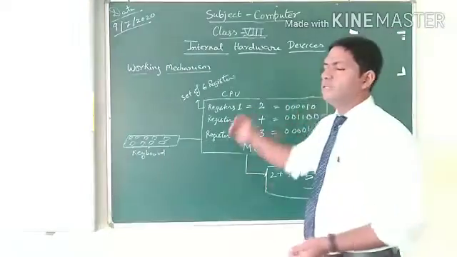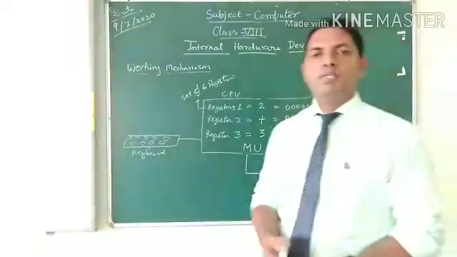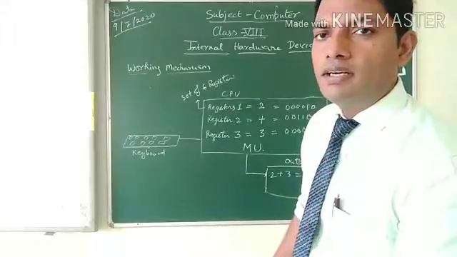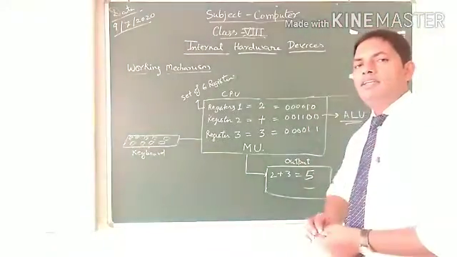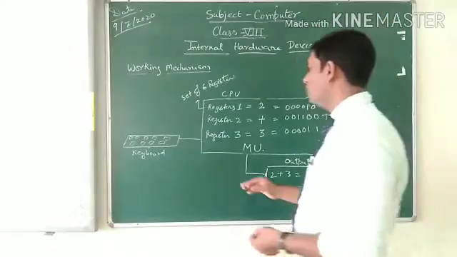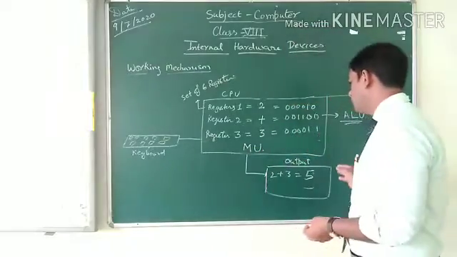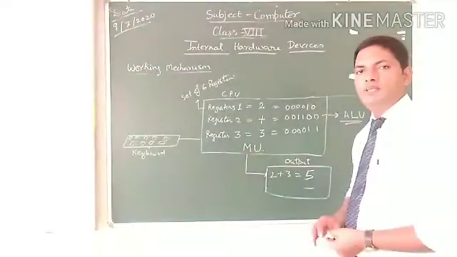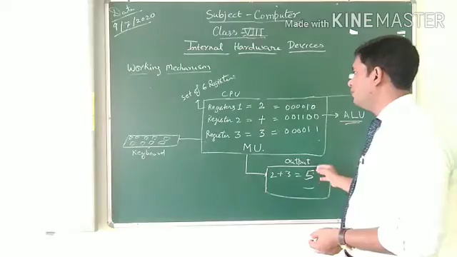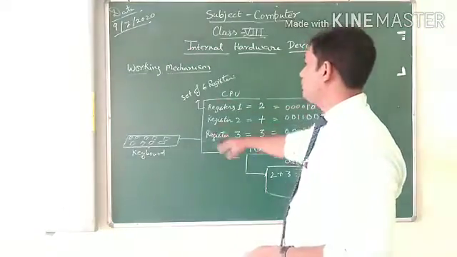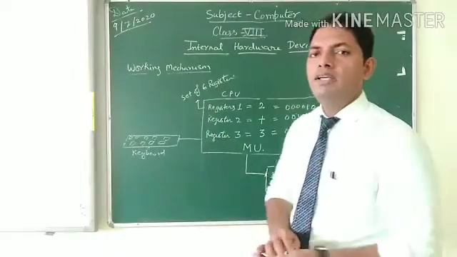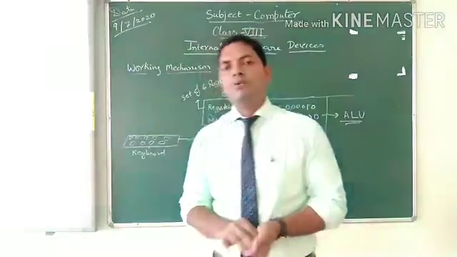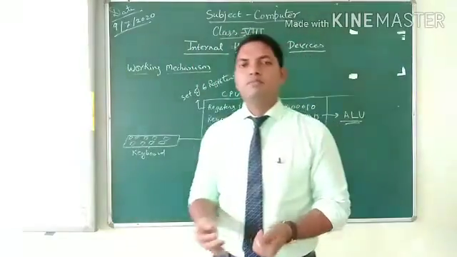So it is said to be the traffic policeman of the data flow. It controls all the data information which is processed from the input to the output through the CPU. In this way, a computer performs its work.